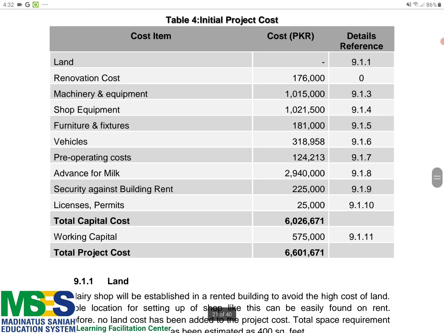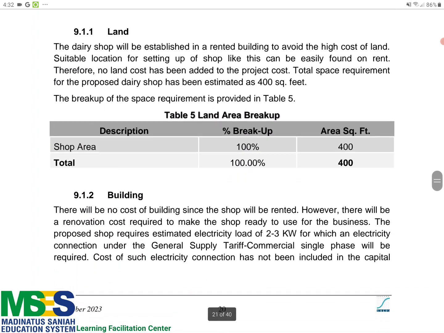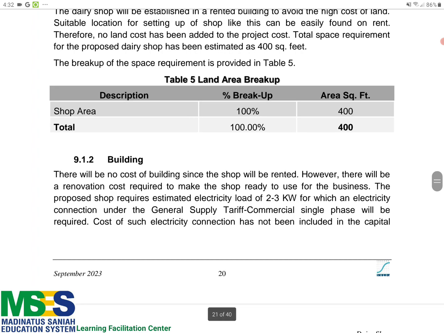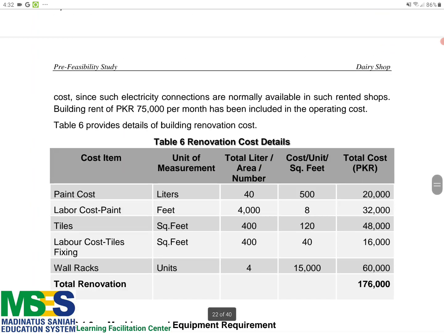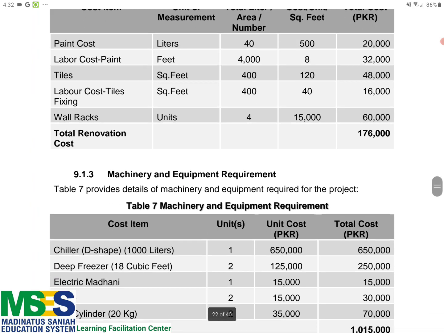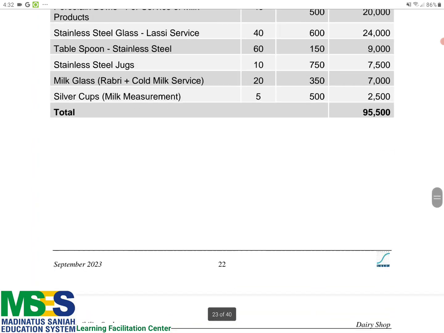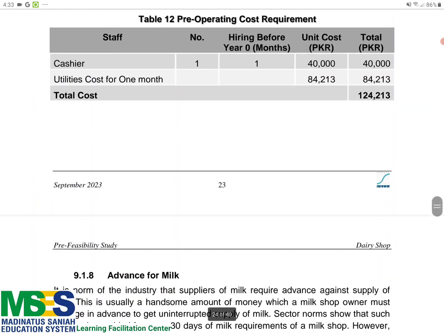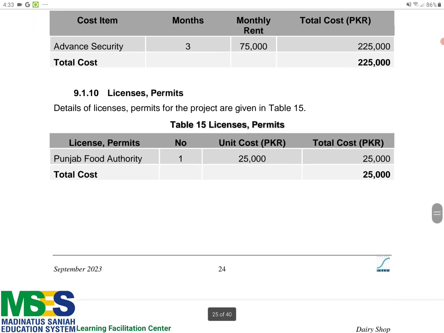So they say around 6 lakh rupees would be needed. Okay, let's move on. Let's skip all the details of the cost, how much you would need for the dispenser and drums and all that, furniture, fixtures, vehicle.